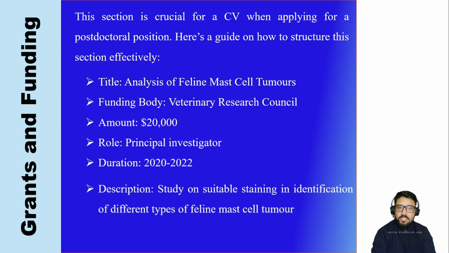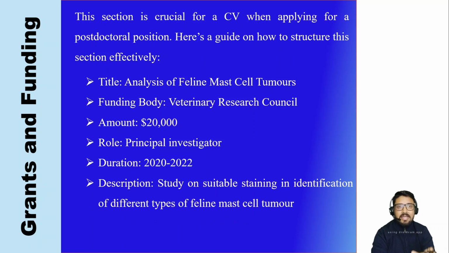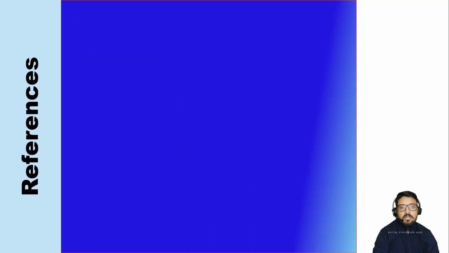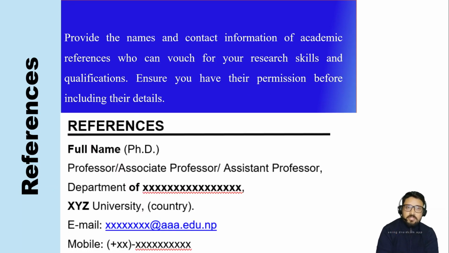And at last, description, you can write in very short, like a conclusion, like study on suitable staining in identification of different types of feline mast cell tumor. And at last you need to include references. References means provide the name and contact information of academic references who can say that you are doing this type of research, you have this type of qualification, and they know you well. And ensure that you have their permission before including their details.